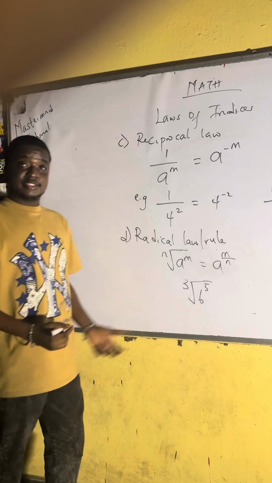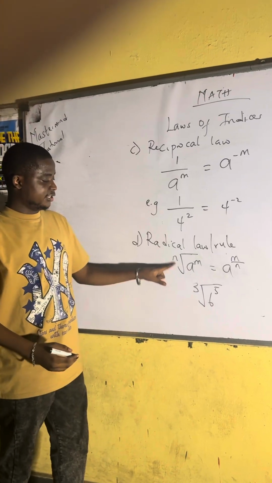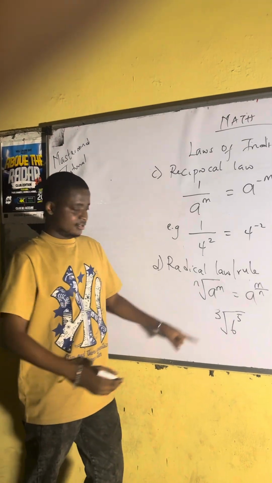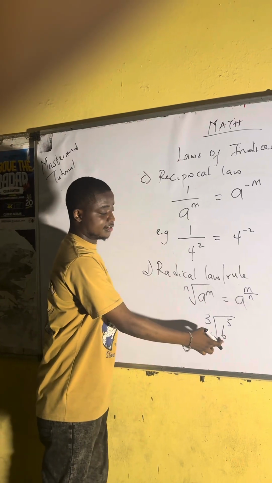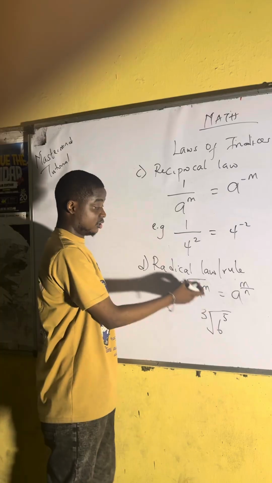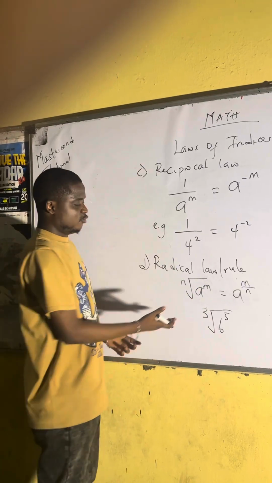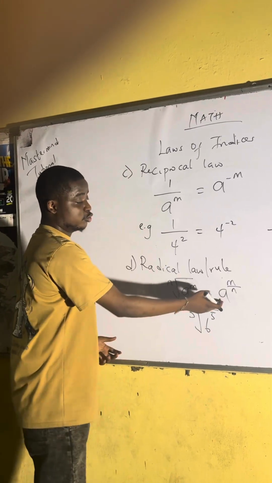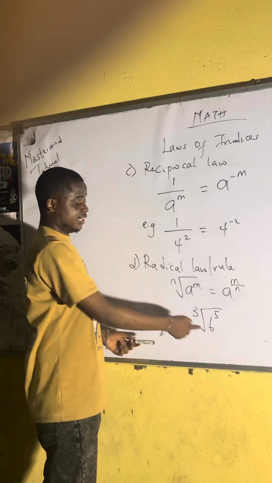Now we can compare this. Here, n is 3, a is 6, then n is 5, and then the root is the cube root. The same way we wrote the base first, the base here is 6.